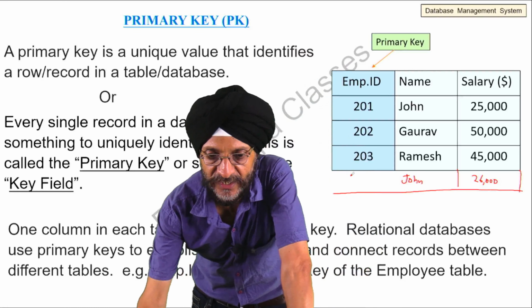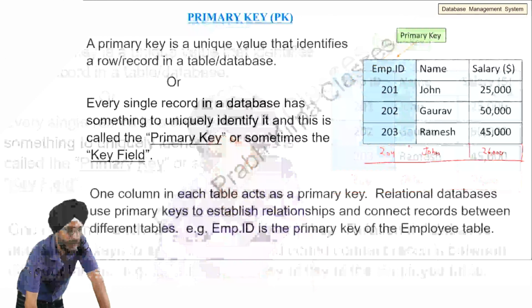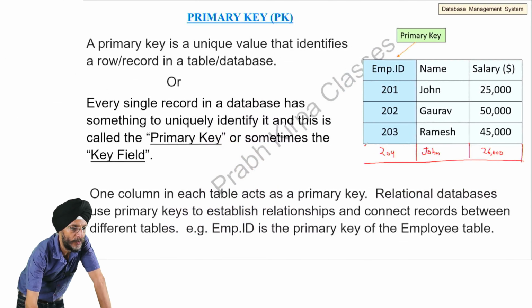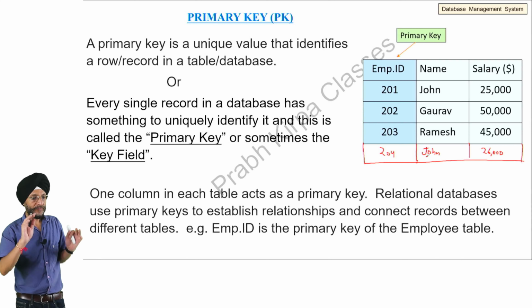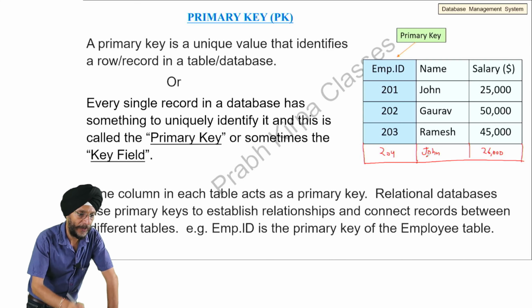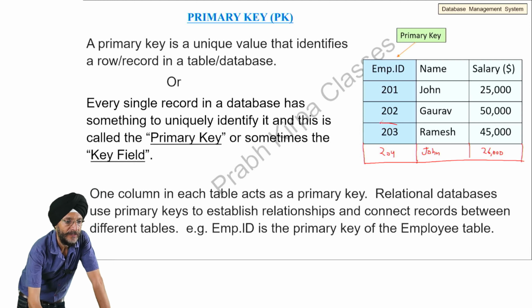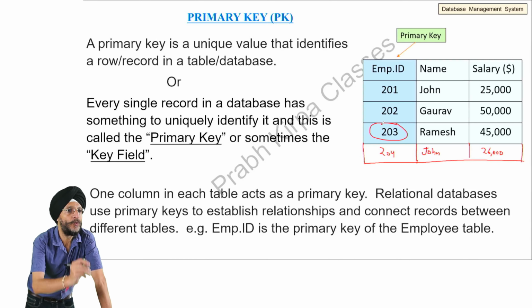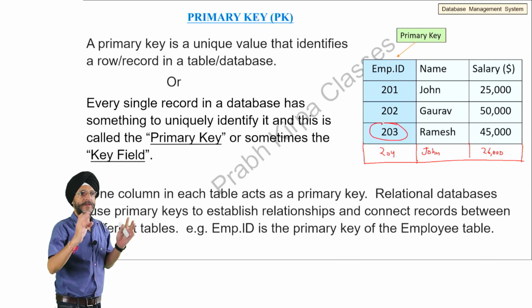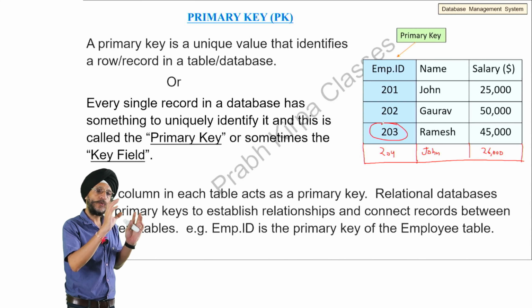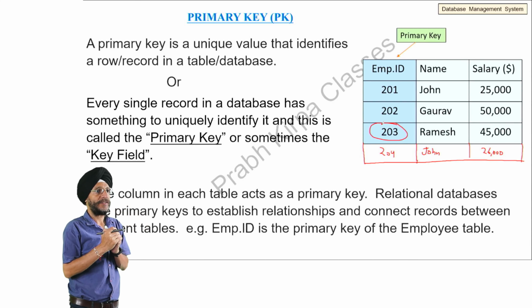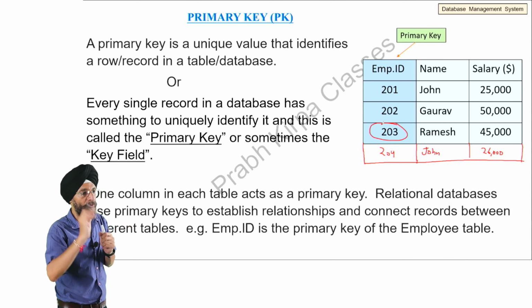So here in this case, we may allot employee ID 204. When we are to uniquely identify a particular employee, we may say employee ID 203 Ramesh. That is, 203 will be a sufficient employee ID to recognize a particular employee.